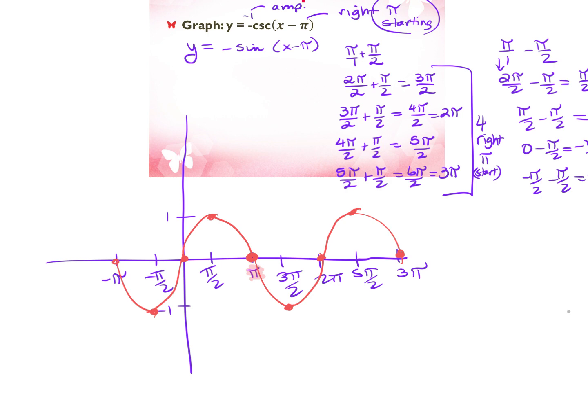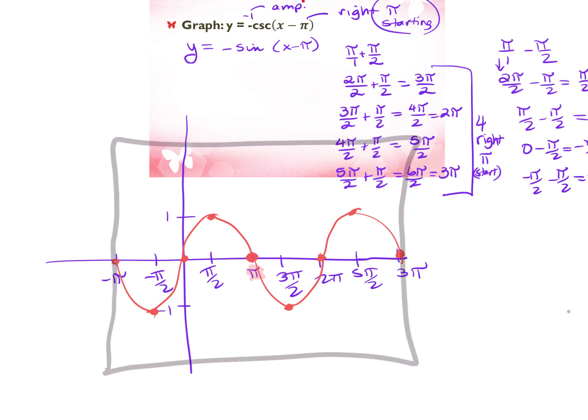Okay, so this is my viewing window here, where I want to see your graph. And again, let's add in the asymptotes. So at every place that my sine graph touches the x-axis, I'm going to put in asymptote. So I have one here, here, here, here, and here.